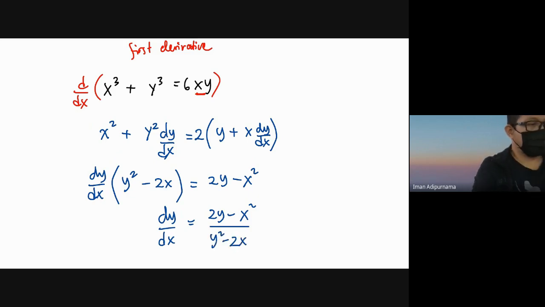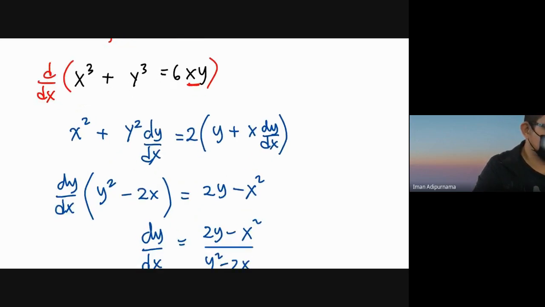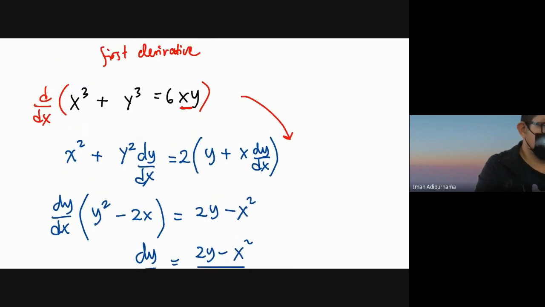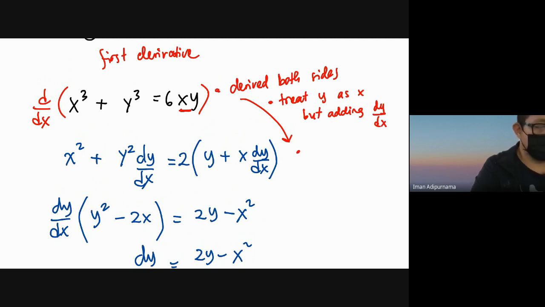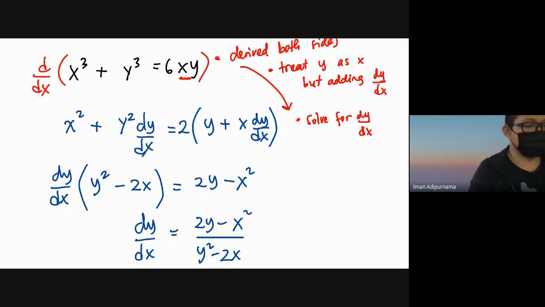Okay. Now the idea behind implicit differentiation: first, derive both sides, treat y as x, but adding dy dx. And the third one, solve for dy over dx, because that is the one that you are looking for.